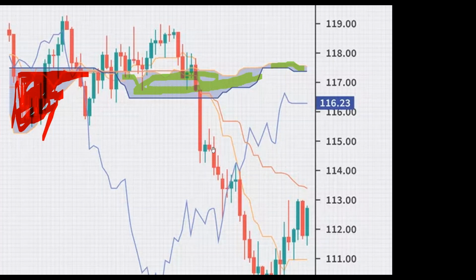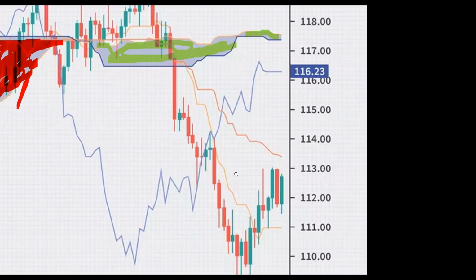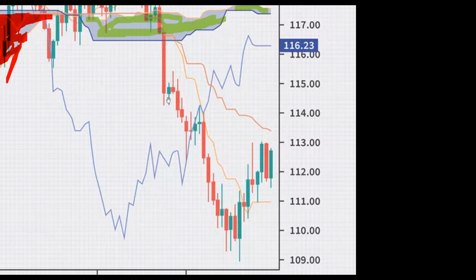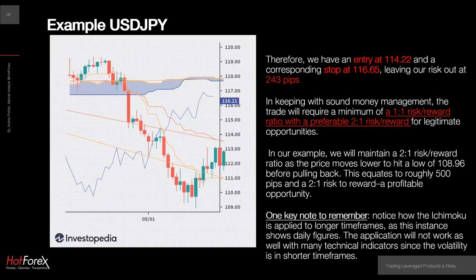Indeed, after 1, 2, 3, 4, 5 sessions, it hit a target, right? It hit a target, and that was that. If you have identified something like that, this is how you can trade it. Okay. Now, let's move on.